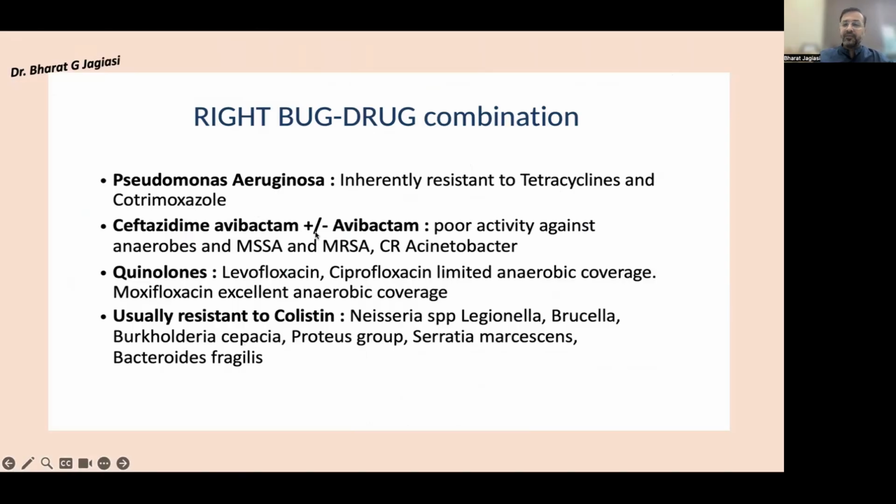Ceftazidime avibactam has poor activity against anaerobes, MSSA, MRSA, and Acinetobacter. Quinolones, levofloxacin, ciprofloxacin have limited anaerobic coverage. Moxifloxacin has excellent anaerobic coverage. Intrinsic resistance to colistin is seen in Legionella, Brucella, Burkholderia, Proteus, Serratia, and Bacteroides fragilis.